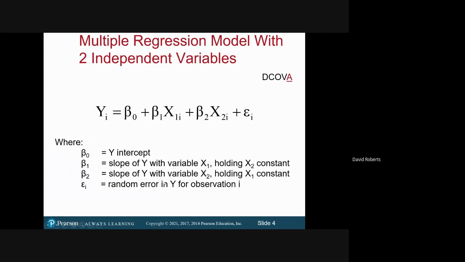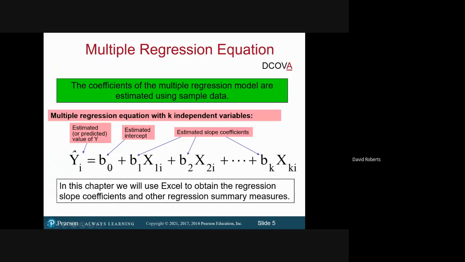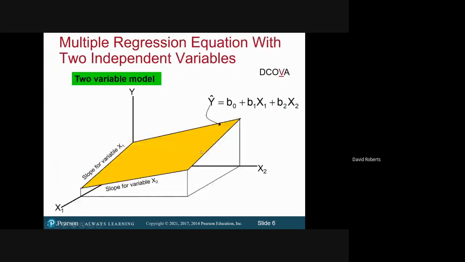So the software will calculate it for us, and hopefully, I won't say go so far as to say love, but enjoy the fact that we don't have to do it by hand. So you still have B0, which is the y-intercept, and you have various slopes. And we're going to use Excel. It's going to look a lot like before, except because we have multiple slopes, this is with 2 variables. I'm sure you can appreciate how complex it gets with 3 or 4 or 12 variables or whatever.